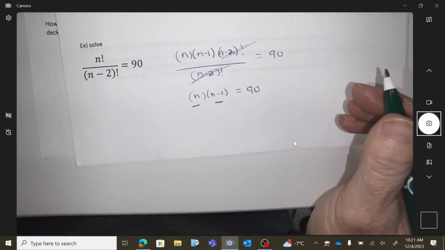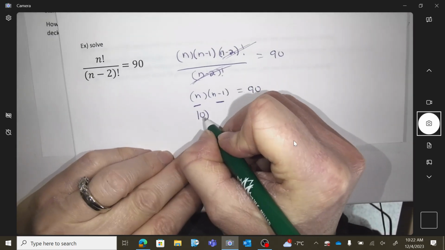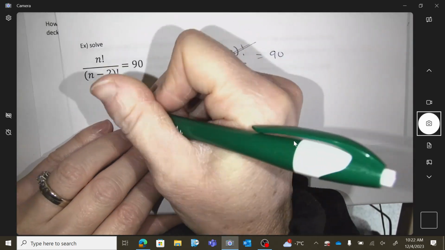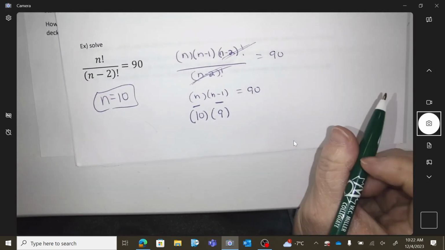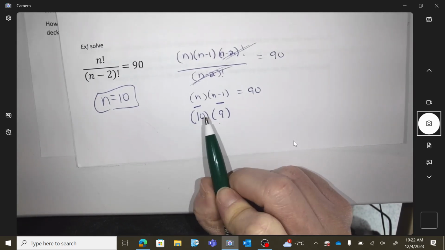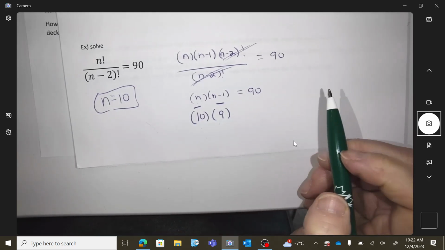Can you do that in your head? This would have to be a 10 and this would have to be a 9, right? So n would equal 10. If this was 10 and this was lower, 9, that would be 90.